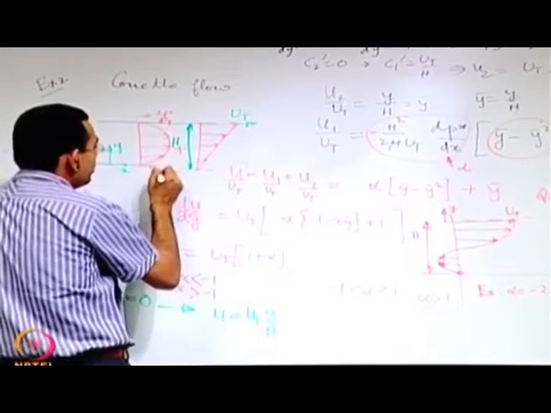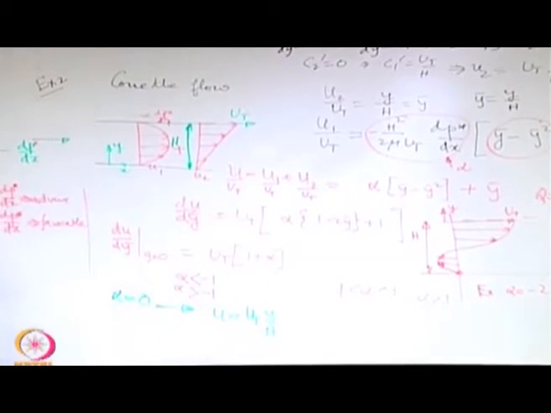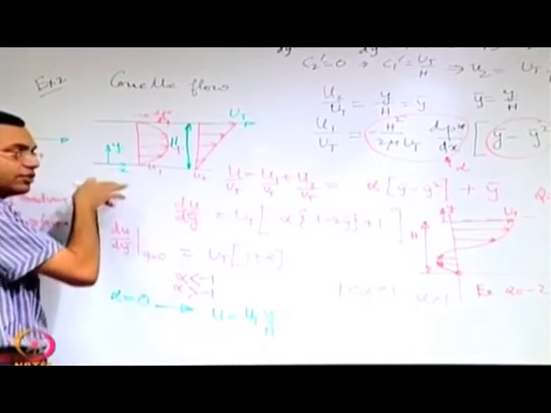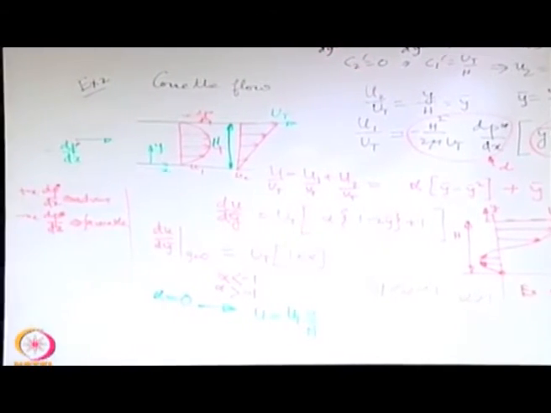So this is u1, this is u2. If dp dx is negative, the resultant is the algebraic sum of these two, which is what we got from the differential equation, u1 plus u2.